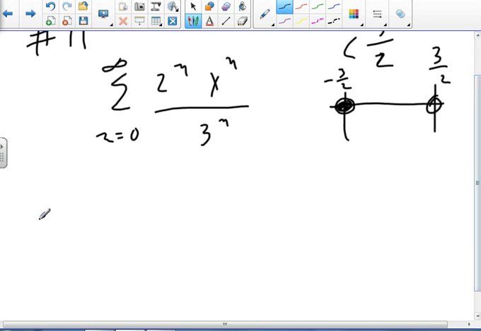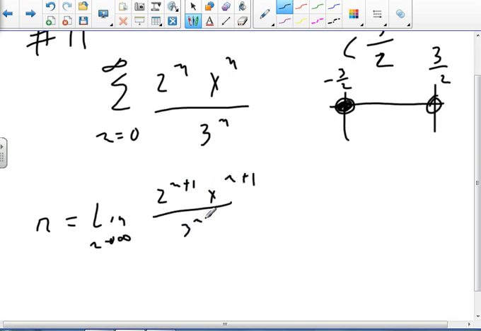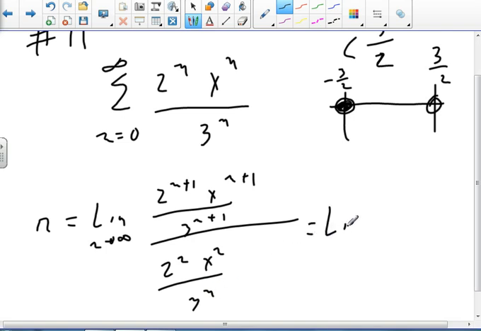All right, so I'm going to say R is equal to limit n goes to infinity 2 to the n plus 1 x to the n plus 1 divided by 3 to the n plus 1 divided by 2 to the n x to the n 3 to the n. Limit n goes to infinity.